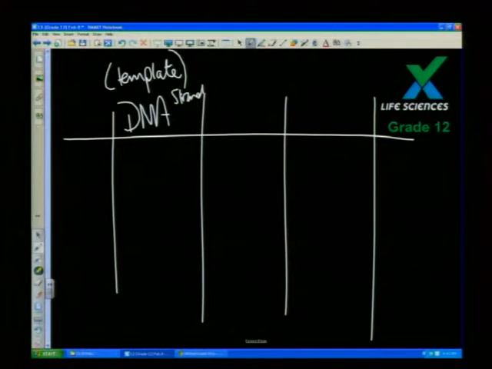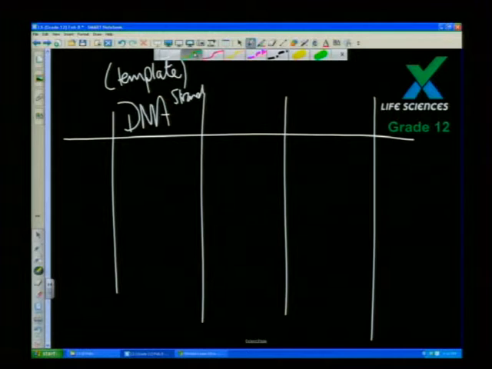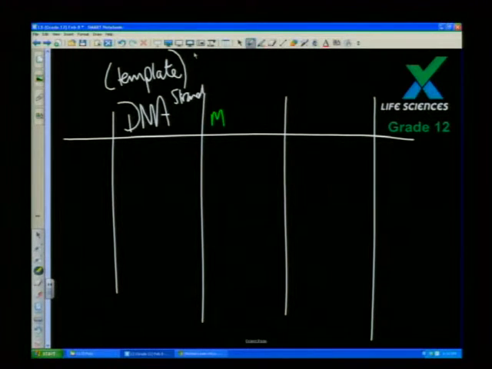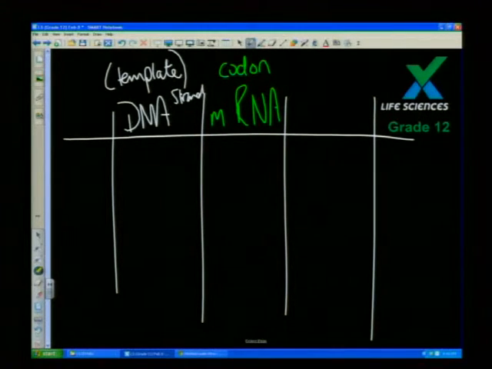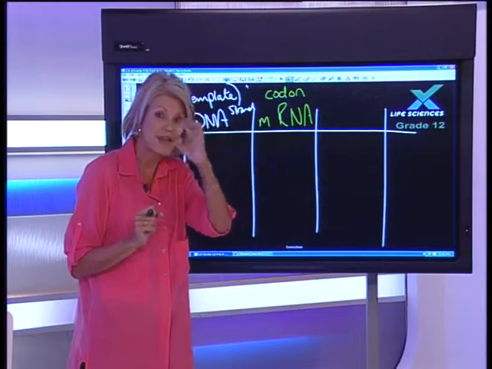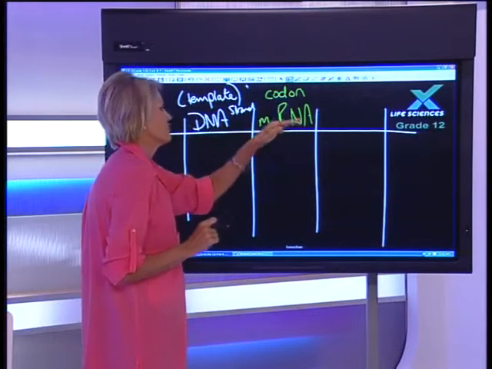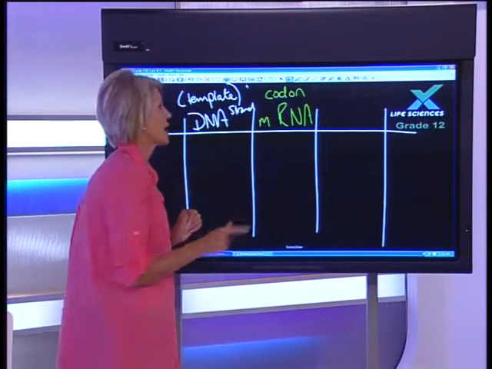Here we are going to have the messenger RNA. And this is going to produce the codon. And remember, the codon is the little group of 3 bases that are part of the messenger RNA.